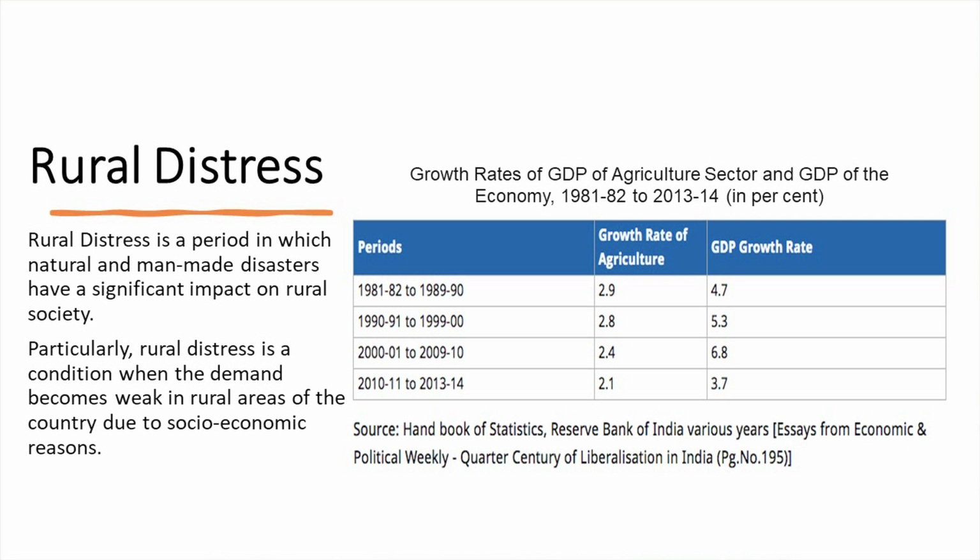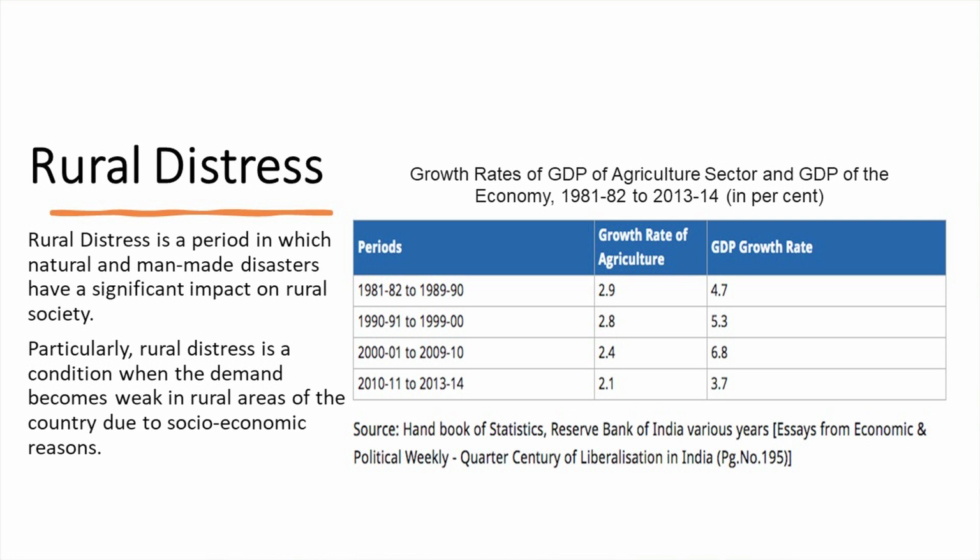Over the years from 1981-82 to 1989-90, the growth rate of agriculture was 2.9, whereas the GDP growth rate was 4.7. But something alarming for us to understand why we need to talk about rural distress is that the growth rate of agriculture has declined to 2.1 in 2010-11 to 2013-14.